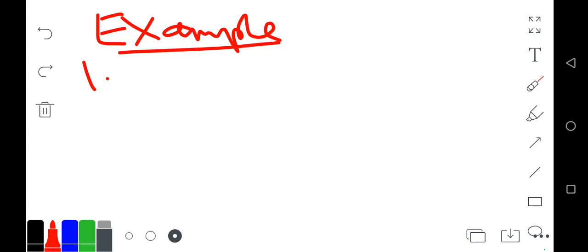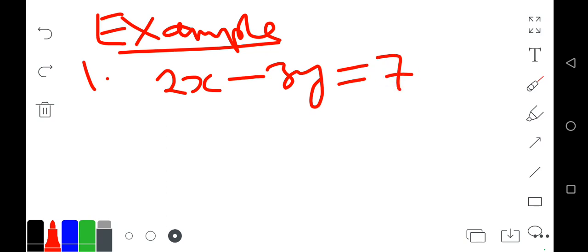In this example, we have an equation which is 2x minus 3y equals 7.